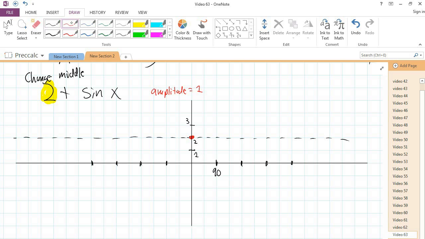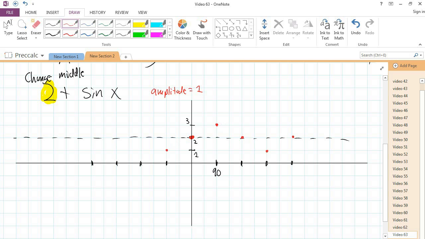Having that straight, I can now do my sine dance. Middle, which is 2, up, which is 3. Middle, down, middle. There's my sine wave.